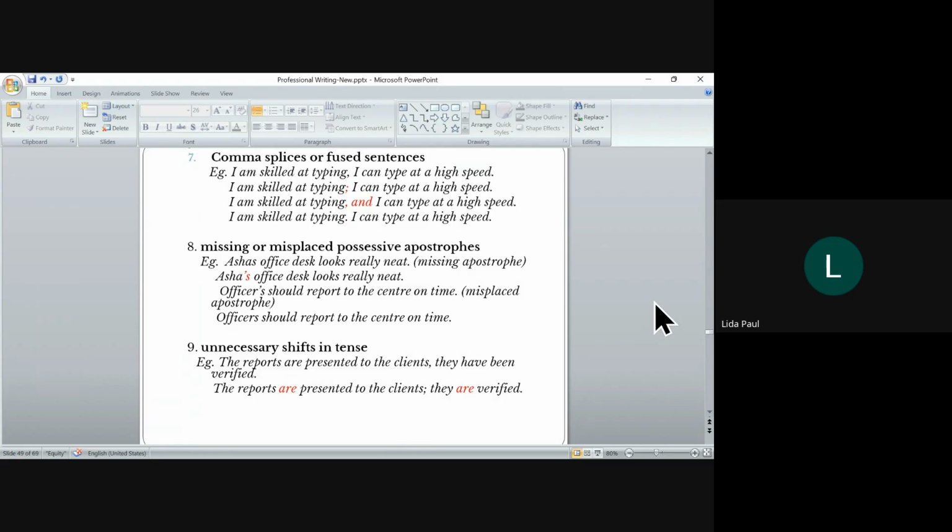This is called a comma splice. So instead of a comma, you can use a semicolon, or alternatively, you can use a full stop to separate the two, or you can also add a coordinating conjunction and separate the second part from the first using a comma, that is a comma followed by a conjunction and the second sentence. Okay, so three different ways.